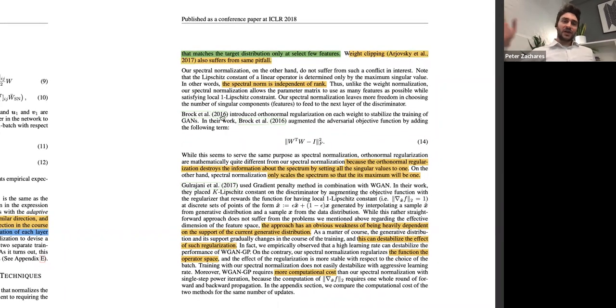The first method, weight normalization, produces low-rank matrices, which is a problem. On the other side, they have orthonormal regularization, which does the opposite. It produces matrices that have a very high rank, but they argue that because orthonormal regularization destroys the information about the spectrum, which is the ratio of singular values, by setting all of the singular values to 1, it loses some discriminative power, because you can't say which feature is more important than the other based on its singular value.